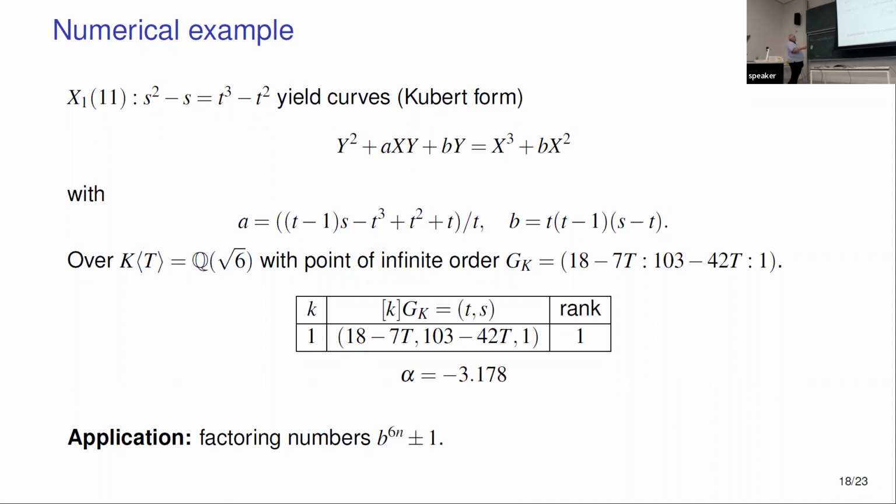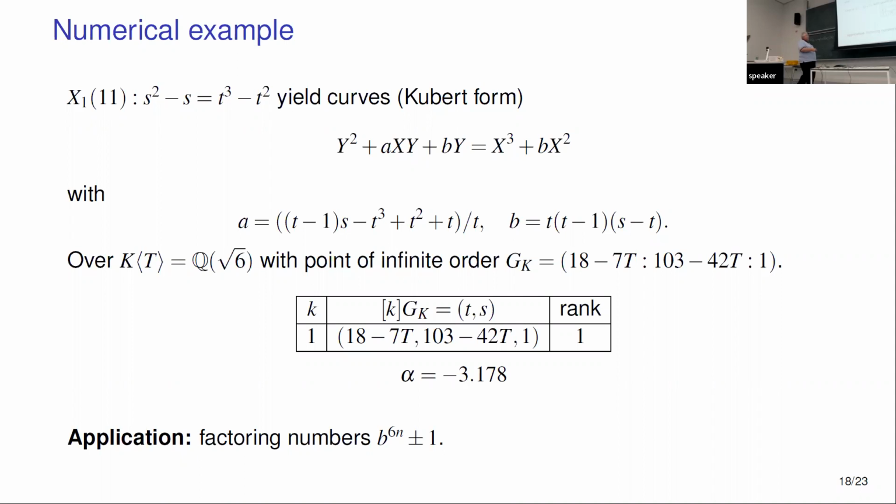These are simple formulas for that case. I consider Q(√6) and X1(11) over Q(√6), which has rank 1 and a generator given by this formula. This was found by the Simmons program. Here it's easy because the quantities are small.